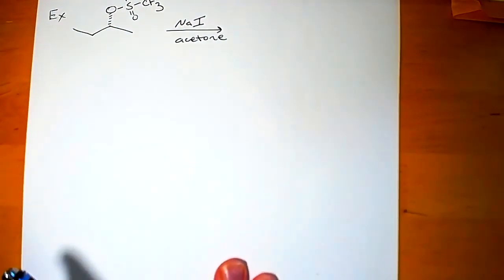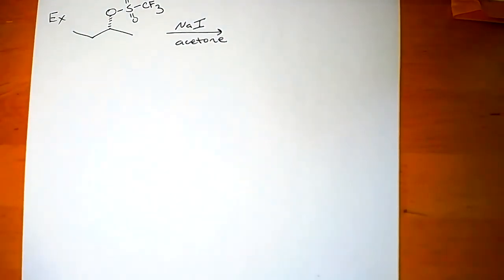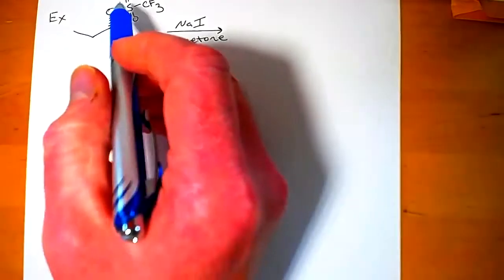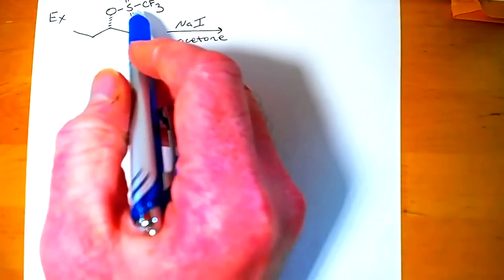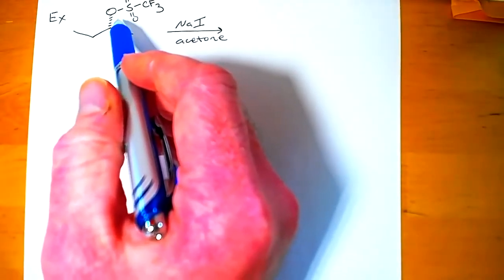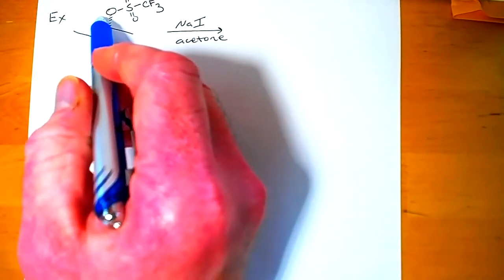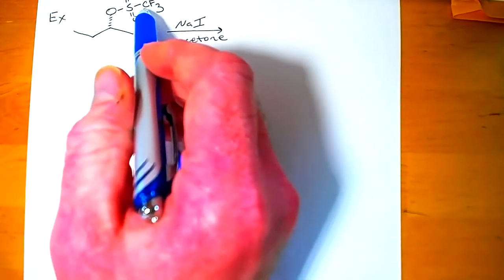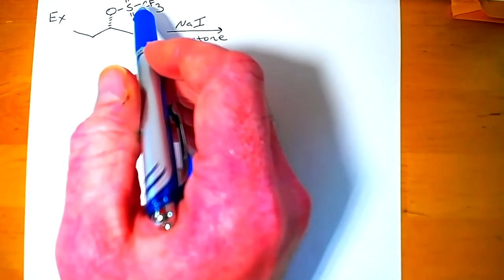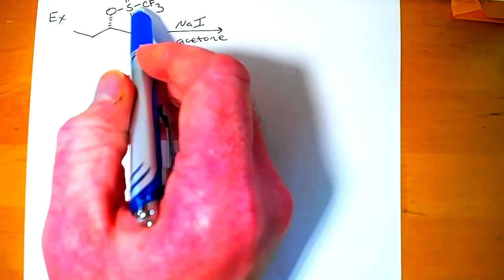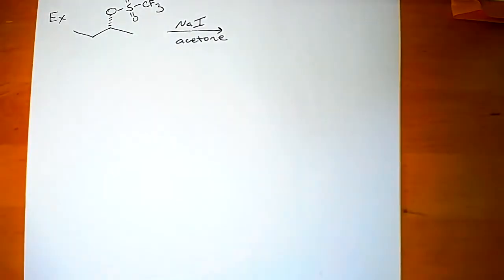Now, starting at the very first question here, do I have a good leaving group? You may look at this and go, well, that's not a halogen. How do I know if this is a good leaving group or not? Well, the answer to that question is, if the electrons go to oxygen, can this thing stabilize it? And the answer is yeah. You've got lots of resonance stabilization, and you've got those electronegative fluorines on the carbon as well.